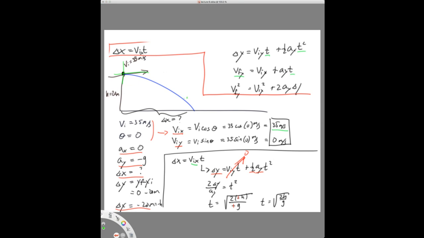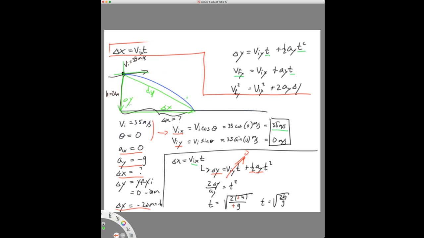Just to show you where delta x and delta y are, this straight line would be the displacement, and delta y is the vertical direction, and delta x is the horizontal direction.